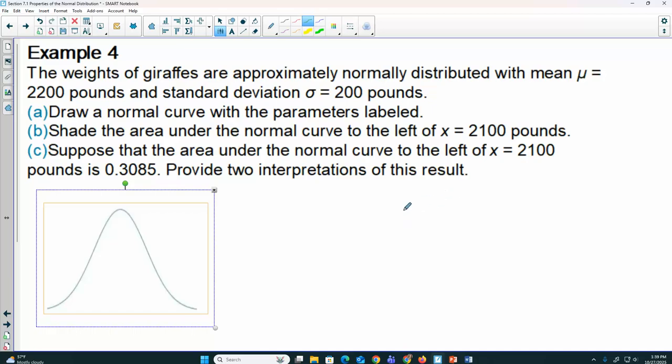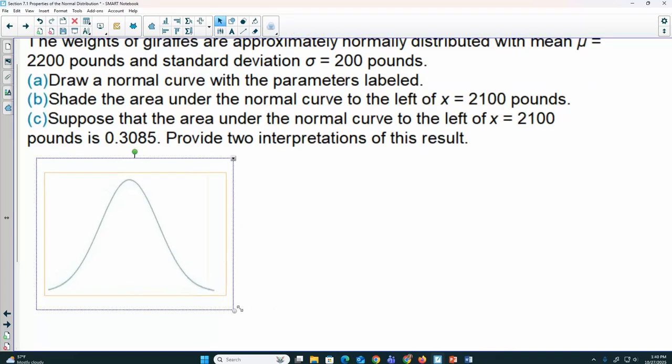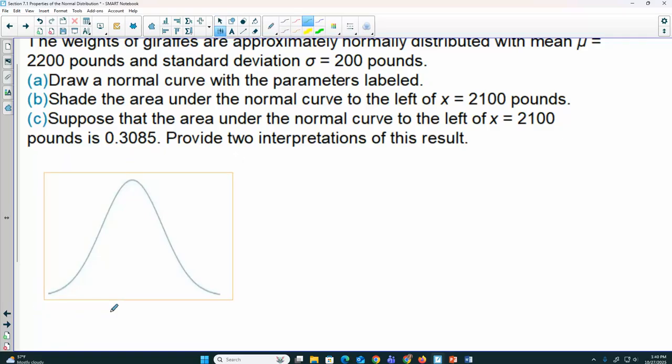The weights of giraffes are approximately normally distributed with a mean of 2,200 pounds and a standard deviation of 200 pounds. Draw a normal curve with the parameters labeled. I cheated and I put a curve on here because I have a really bad time drawing perfect curves, so you get to draw your own bell-shaped curve. This middle point represents what? The mean, 2,200.